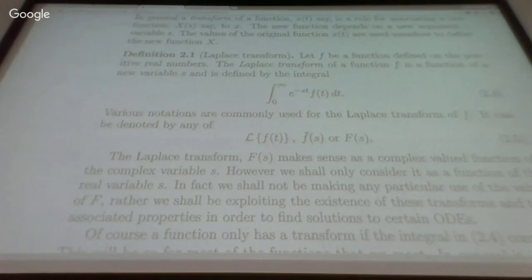Okay, so if f is a function defined on positive real numbers, the Laplace transform of f is a function. It's a function of a new variable. The new variable we normally denote by s. We have different kinds of notation that are used. Some of those are given in 2.5.